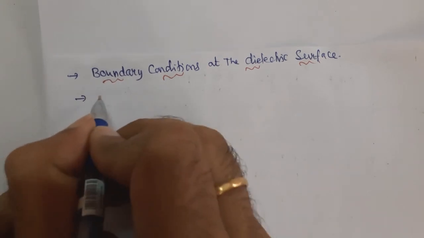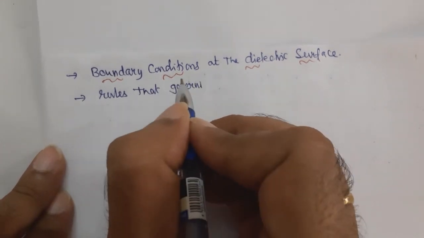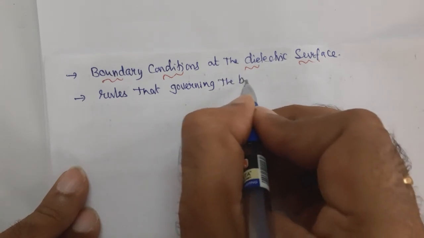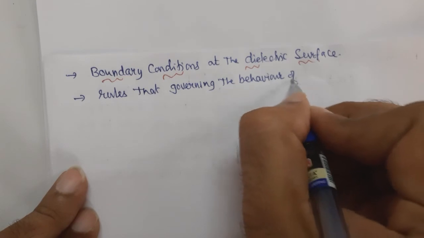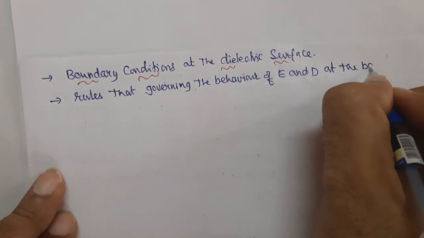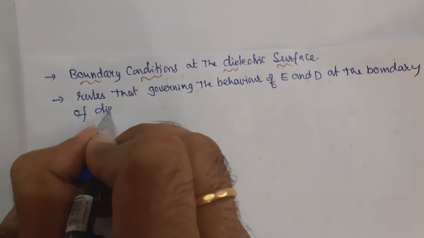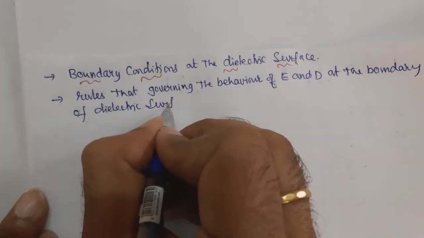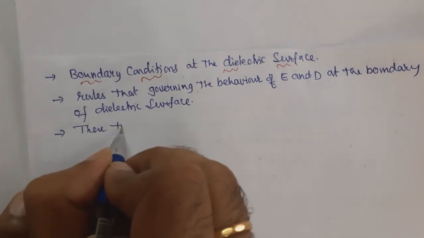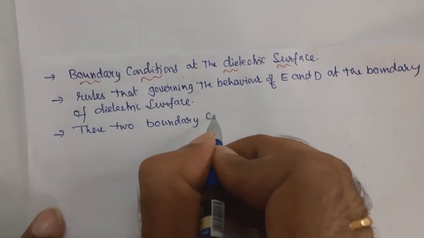These are nothing but the rules governing the behavior of E and D at the boundary of the dielectric surface. There are two boundary conditions.